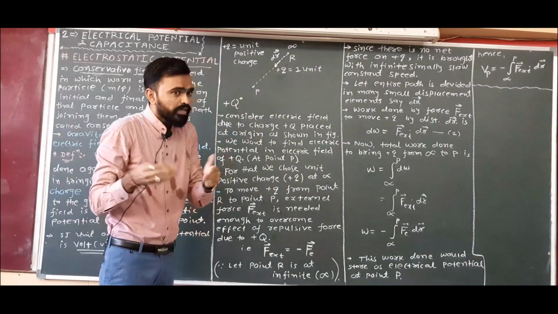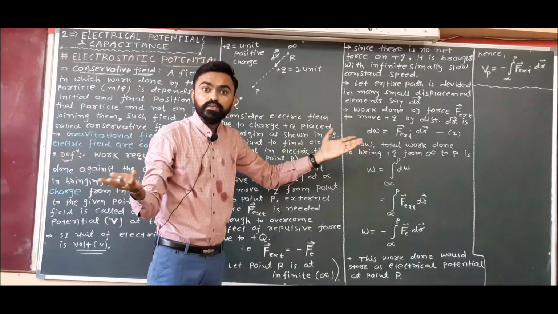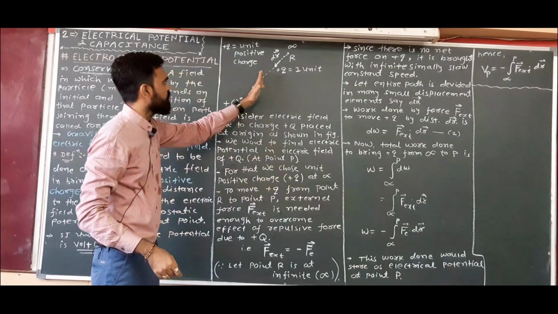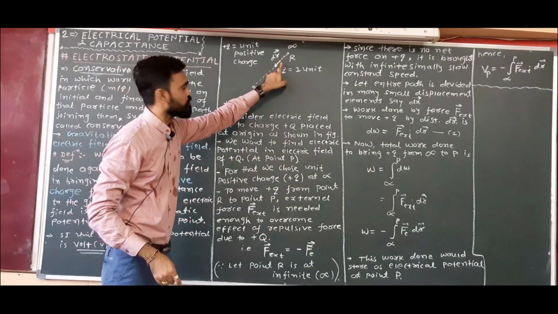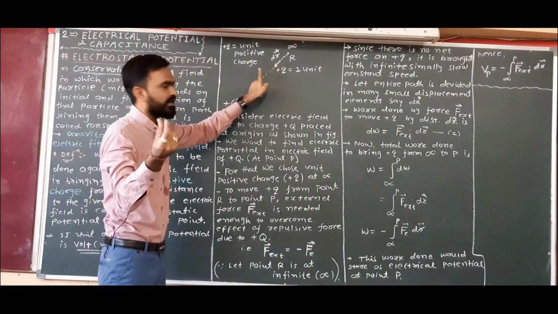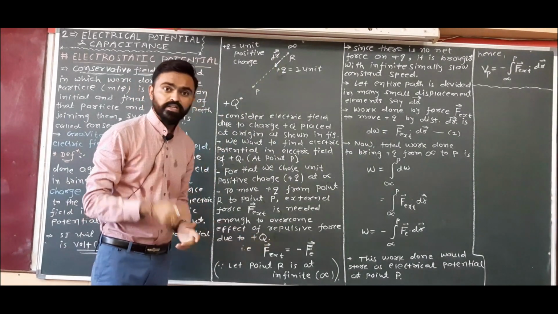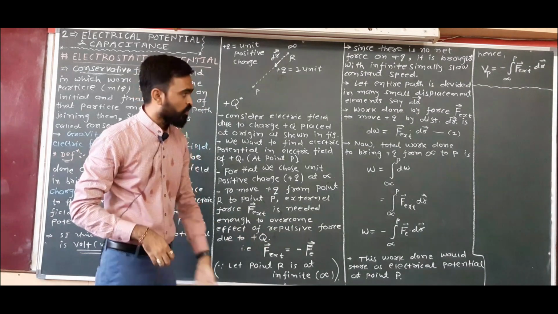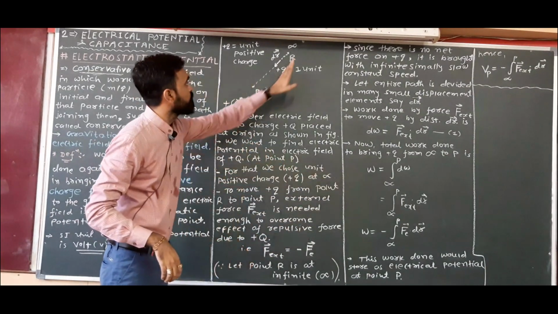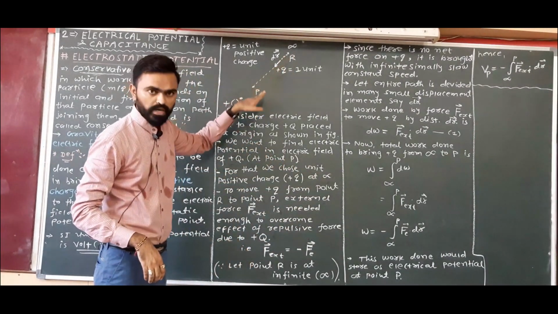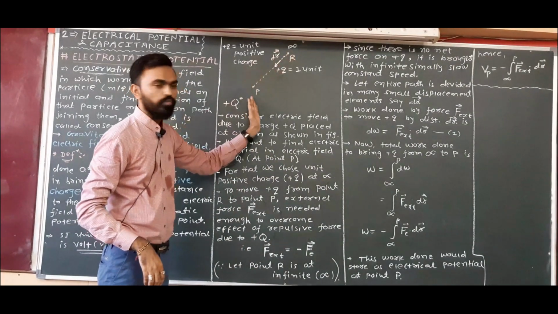Okay, so how many dW did we get? Many, infinite, right? So dW within this small displacement element dr, and through all the displacement the force F external remains constant, right? So what we do, we just take the integration over the path from infinity to point P, right?